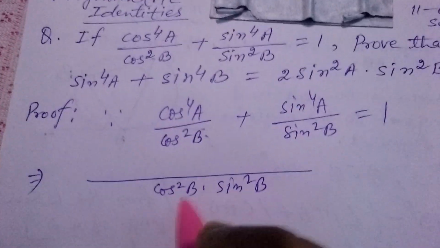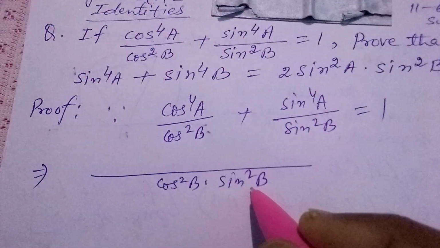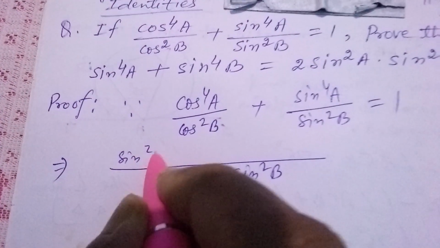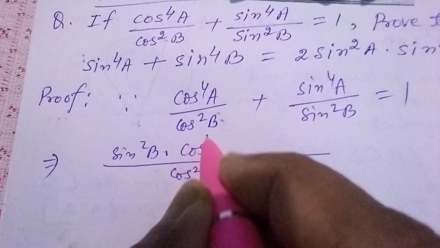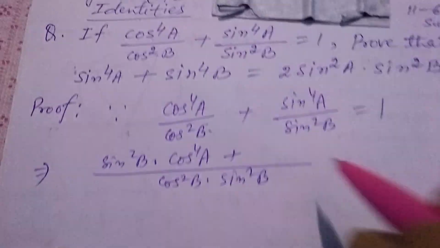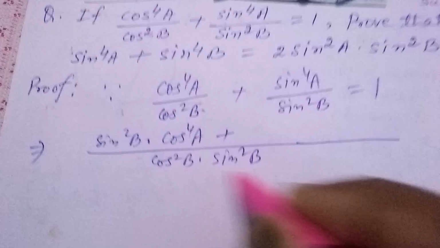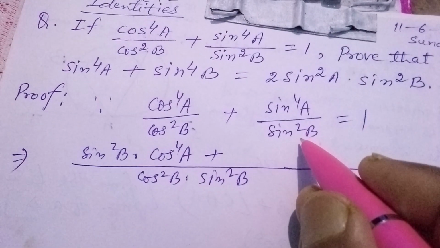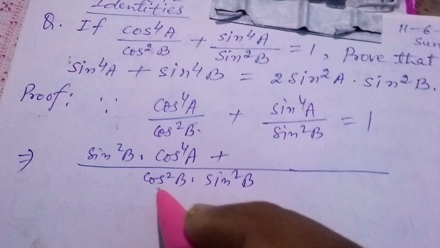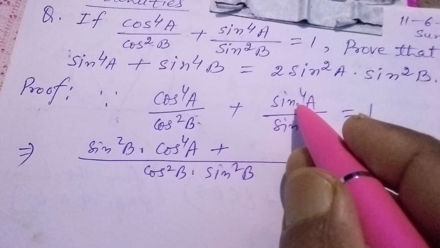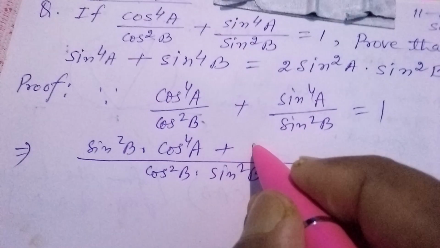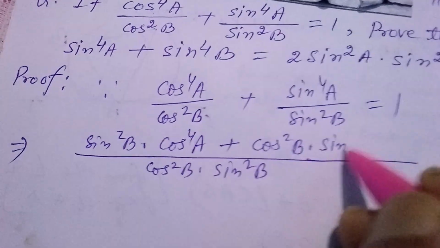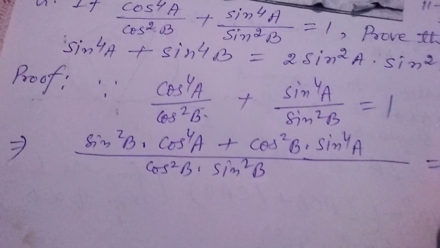Dividing this LCM by cos square b gives sin square b, multiplied by the numerator, so we get sin square b into cos to the power 4a plus, again dividing the LCM by sin square b gives cos square b, multiplied by numerator sin to the power 4a. So we get cos square b into sin to the power 4a, equals 1.